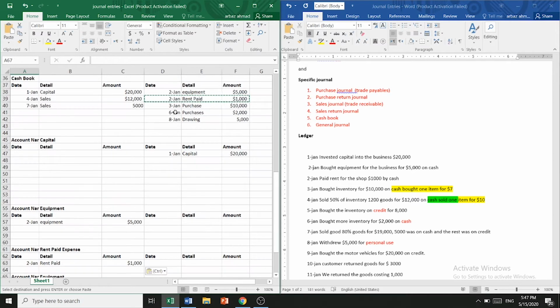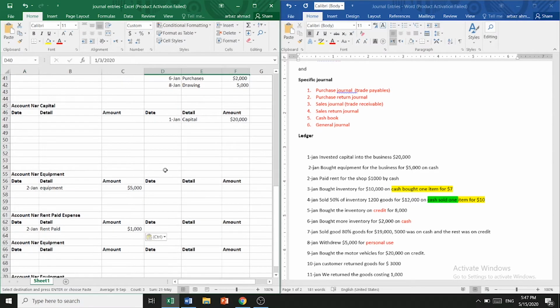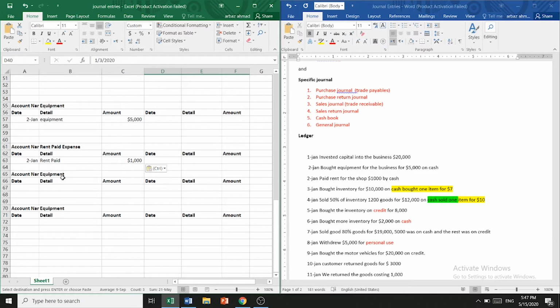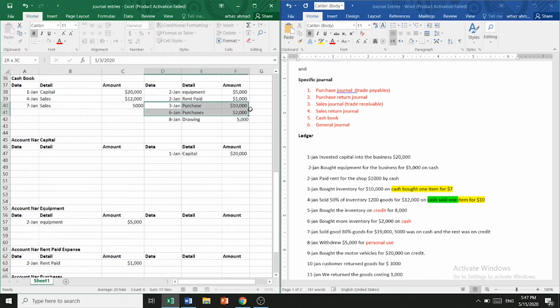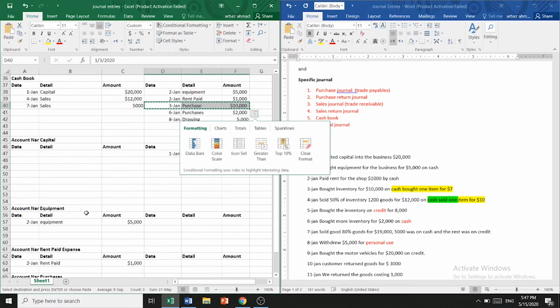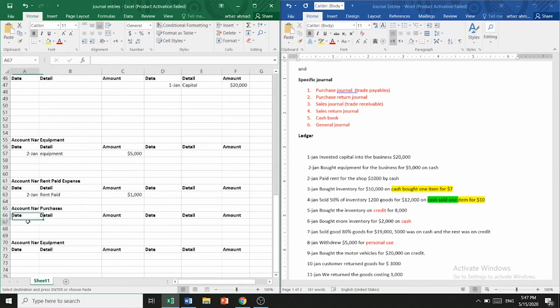And the next transaction is on 3rd. We purchase inventory. So we have purchases, and we are going to copy this and paste it into the purchase account.